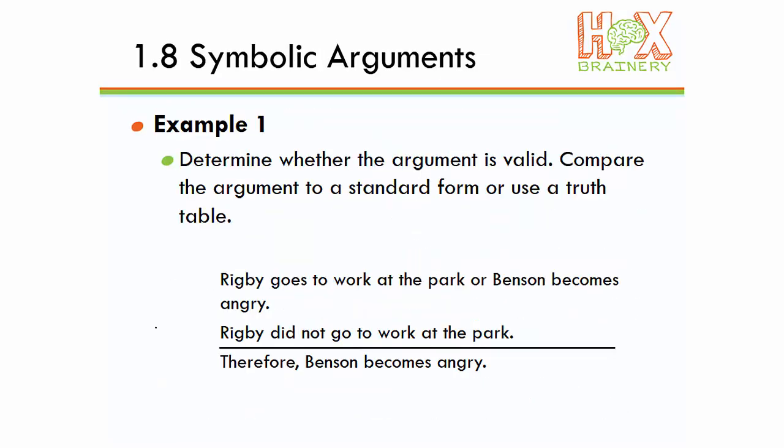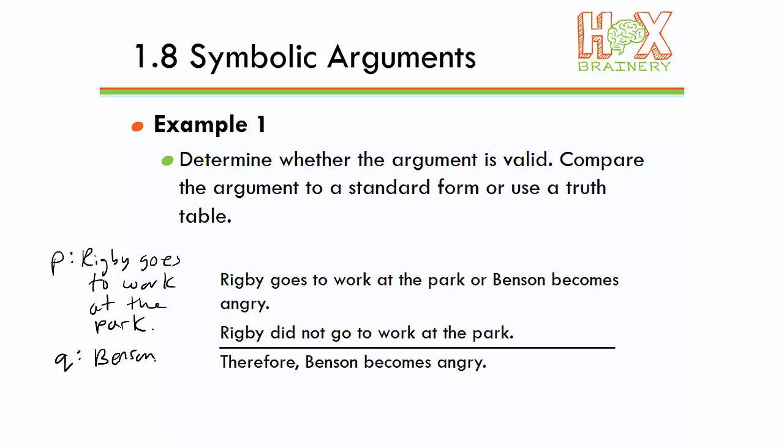So here we have example 1. We want to determine whether the argument is valid. Compare the argument to a standard form or use a truth table. So the first thing we're going to do is identify our simple statements. So Rigby goes to work at the park. That's P. And then Q, Benson becomes angry.